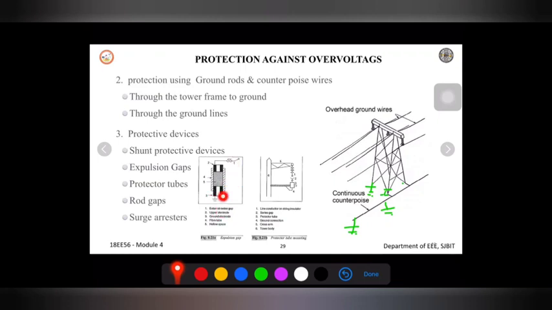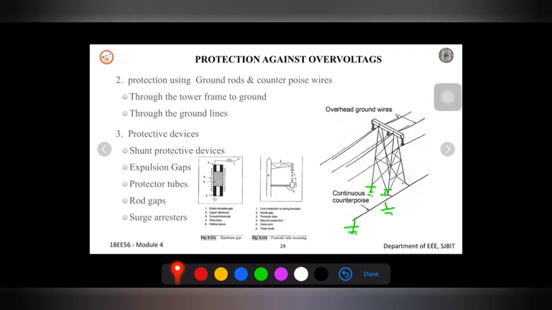This is an explosion gap diagram. Usually in your syllabus, these diagrams are not given; they have just been shown here to relate how it will actually be present and how it can protect our transmission system. If you look at this, the parts are given: the external series gap, the upper electrode where the transmission line will be connected, and the ground electrode where the ground will be connected.